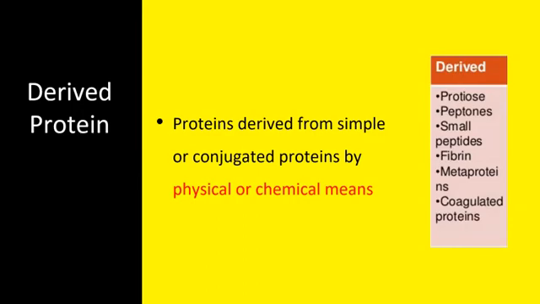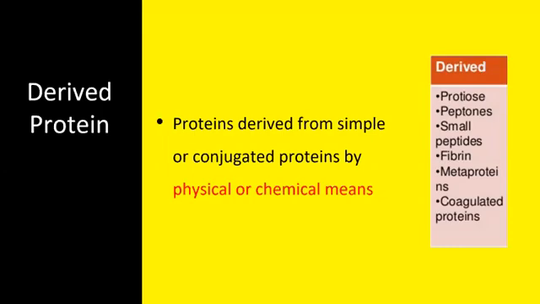This includes our primary derived proteins and also our secondary derived proteins. From the name itself, it is derived. It was taken from simple or conjugated proteins by the process of physical or chemical action. We have examples written on the screen.